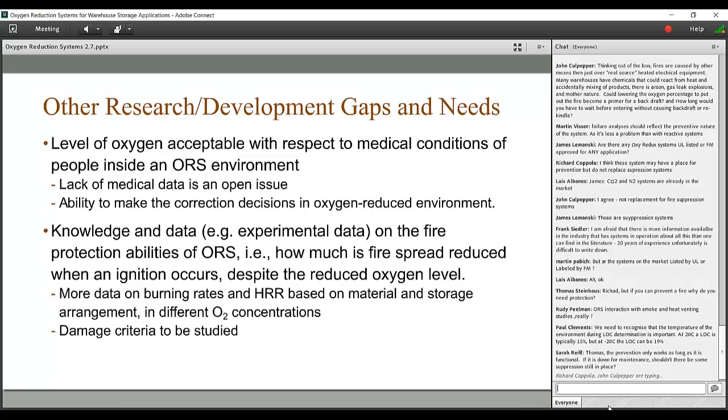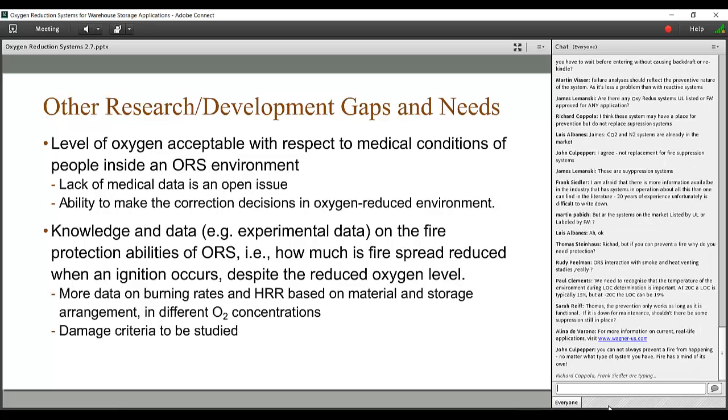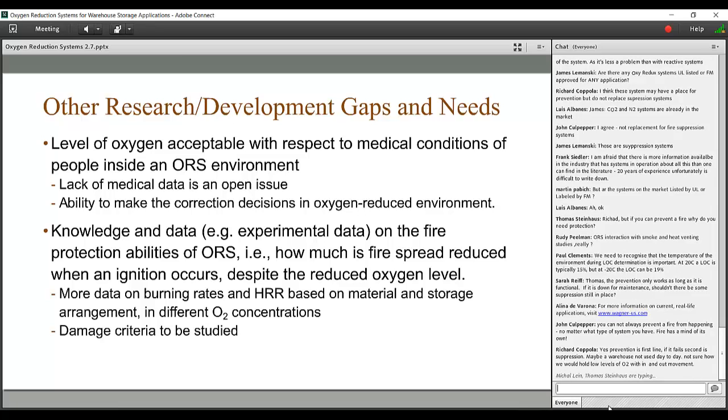So other research development gaps and needs we determined in the project are somehow on the borderline. What we looked into is, of course, this acceptable level for medical conditions. I think Brian showed the table, and the numbers are a bit different depending on the local legislation, but we also maybe need a lot more medical data. We just pointed out in our report that because we are not specialists in that area, there's need for more data there.